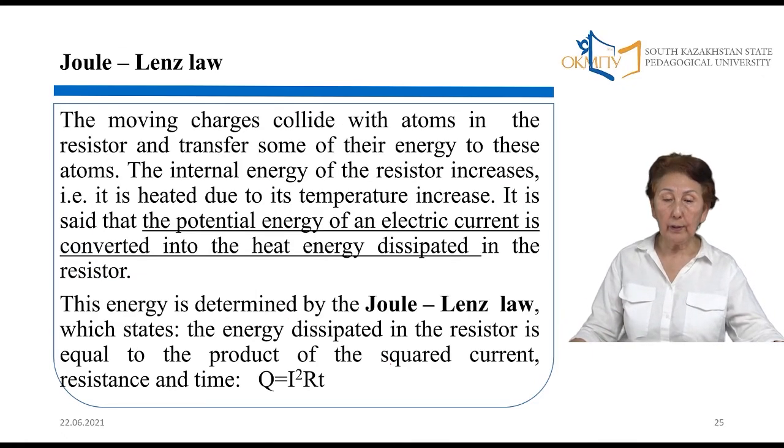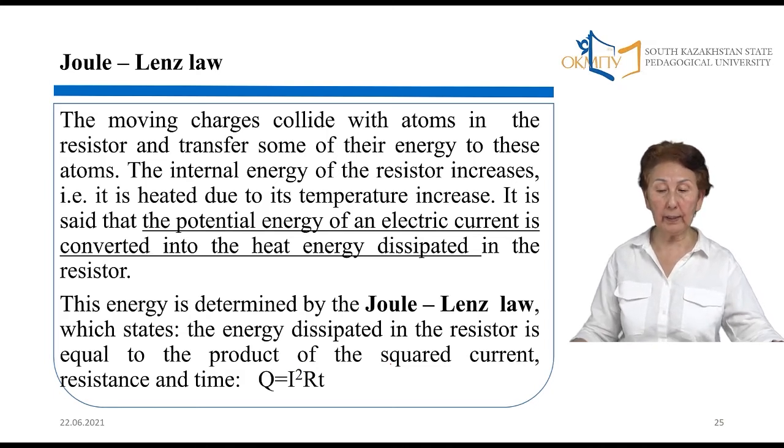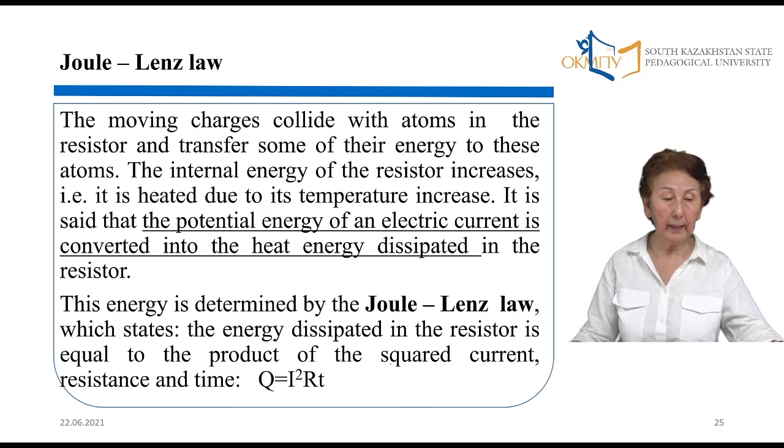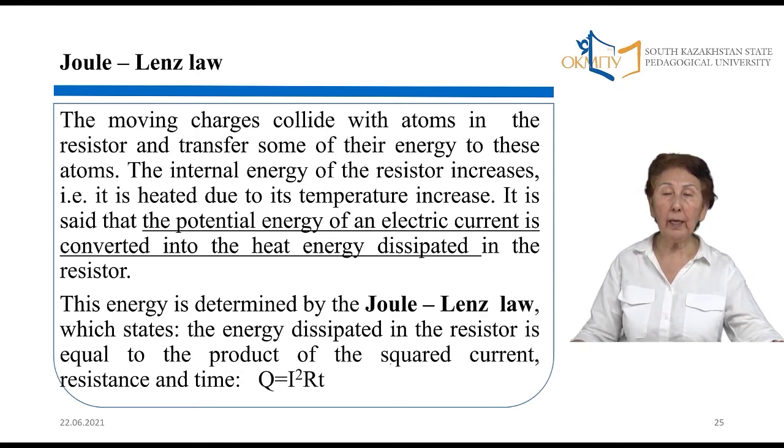The moving charges collide with atoms in the resistor and transfer some of their energy to these atoms. The internal energy of the resistor increases. It is heated due to its temperature increase. It is said that the potential energy of an electric current is converted into the heat energy dissipated in the resistor.